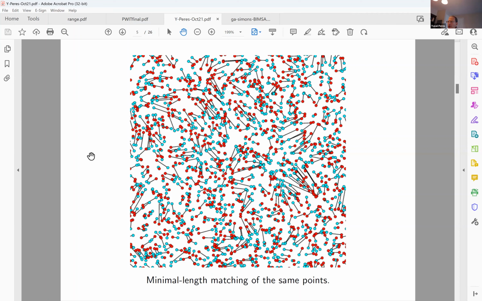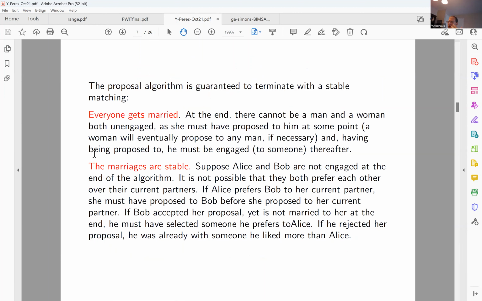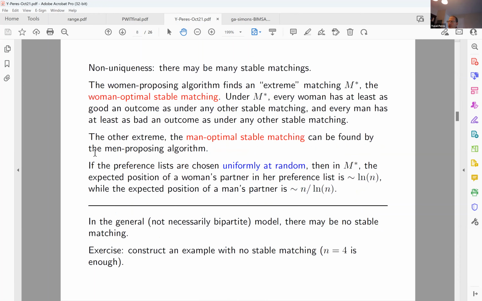Okay, so I will continue with that. In the bipartite case, for general preference orderings, the Gale-Shapley algorithm will find a stable matching, but the stable matching is not unique in that general setting. I will skip this discussion of the Gale-Shapley algorithm. It's not directly relevant for what we're doing here.